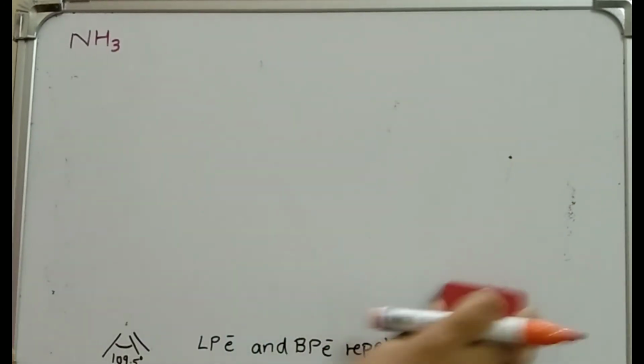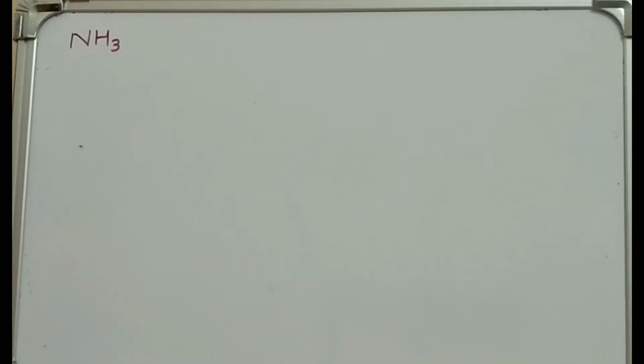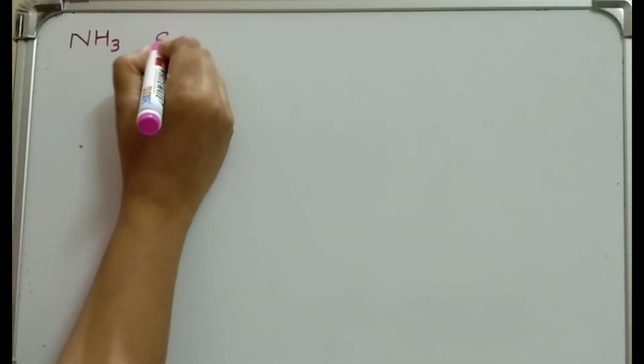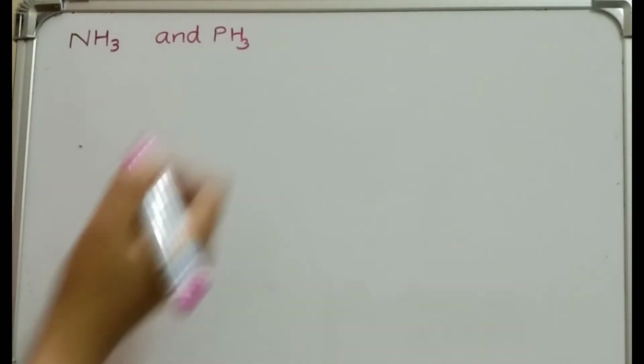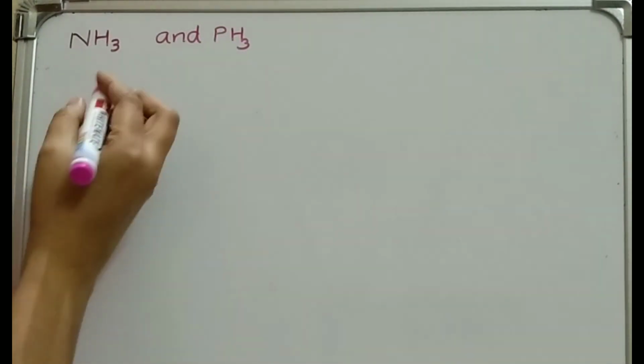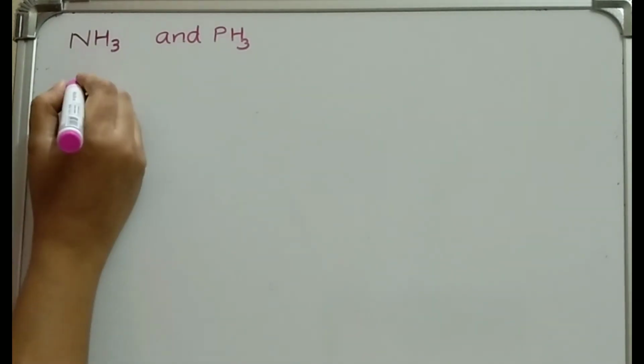Now the next question. One question we have seen, why the angle is less than the angle found in tetrahedral, correct. Let's compare now with phosphine. So NH3 and phosphine. Let's compare this now. In NH3, the angle, I have already drawn it, I will just say it now.